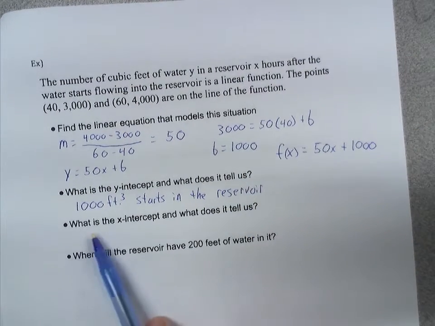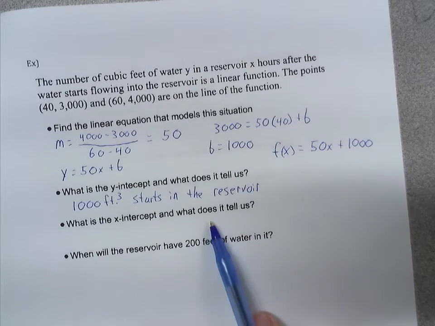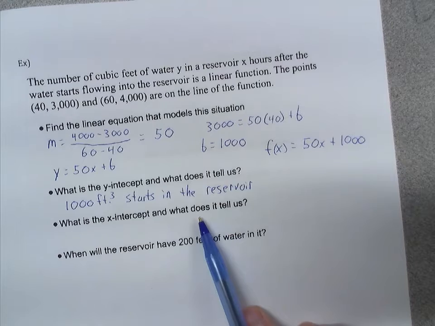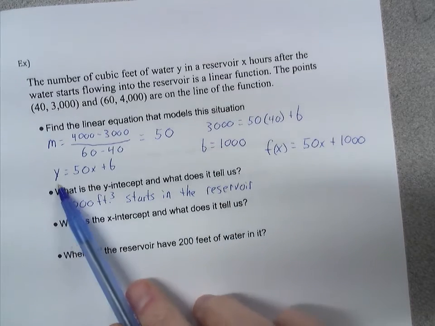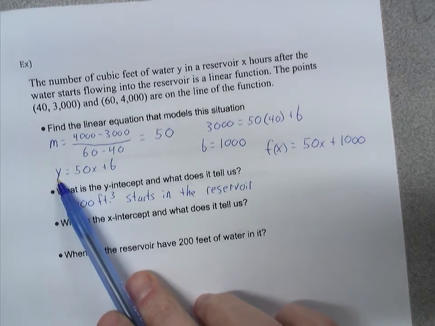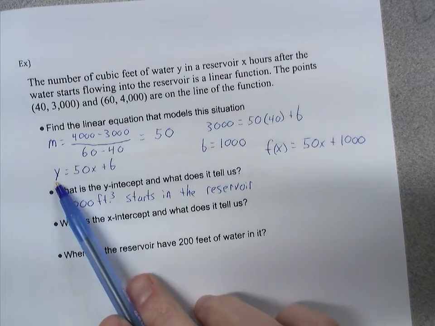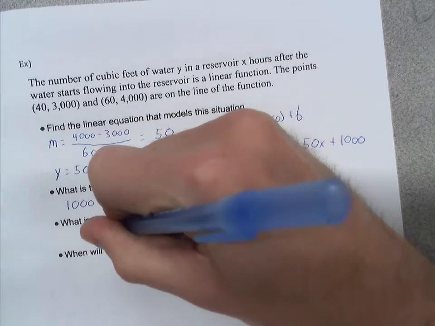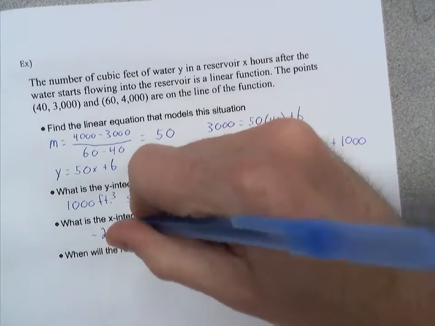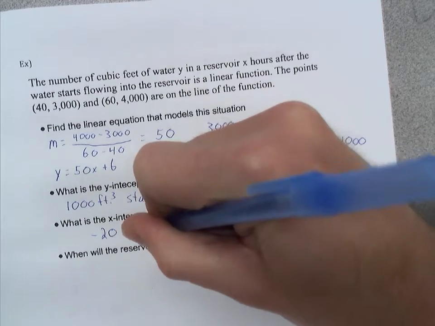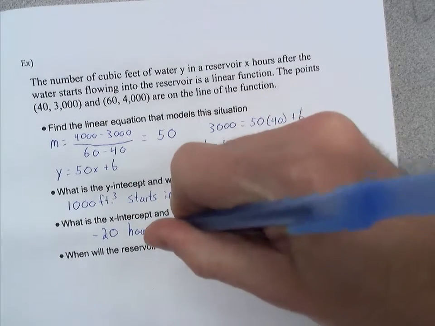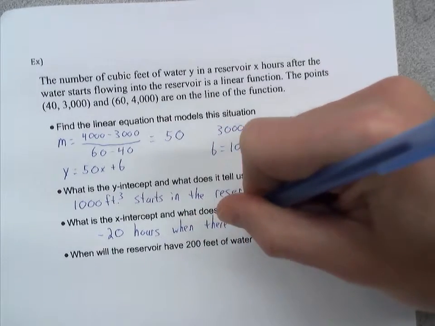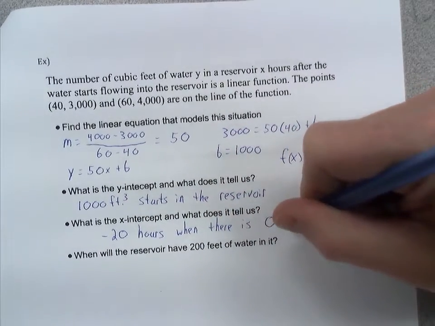And then it wants to know, what is the x-intercept and what does it tell us? To find the x-intercept, all we really have to do is put in 0 for y. If we put in 0 for y, we can calculate that it's going to be negative 20 hours, when there is 0 water.